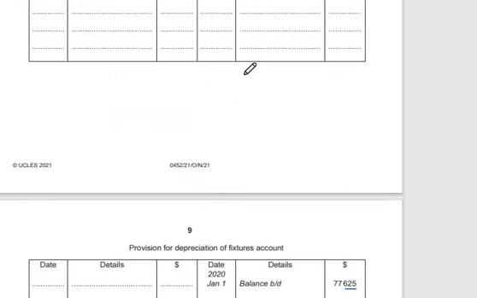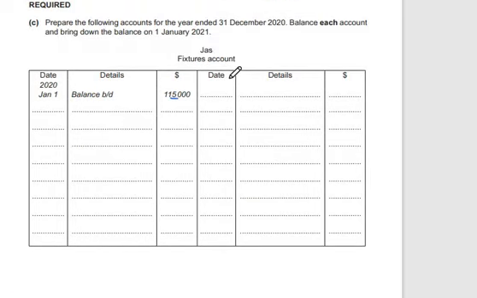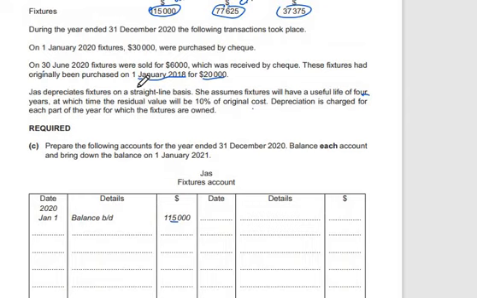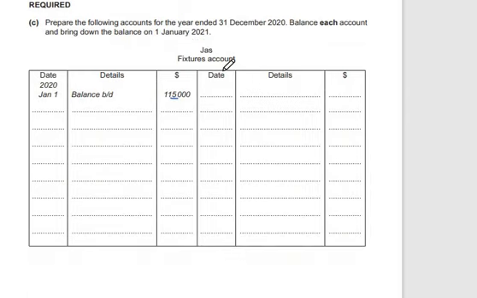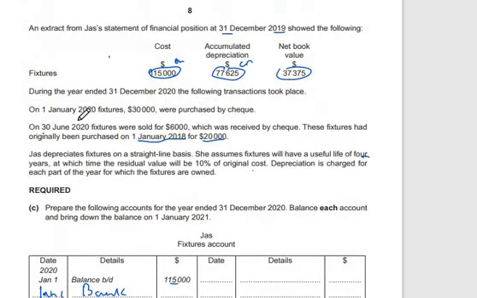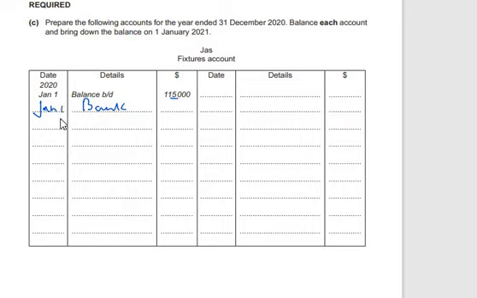So what do we do? Obviously, if you purchased other fixtures, we debit fixtures account and credit bank 30,000. So on January 1st, this will be the bank account, and it's 30,000, right? So 30,000 will be debited in the fixtures account, right?